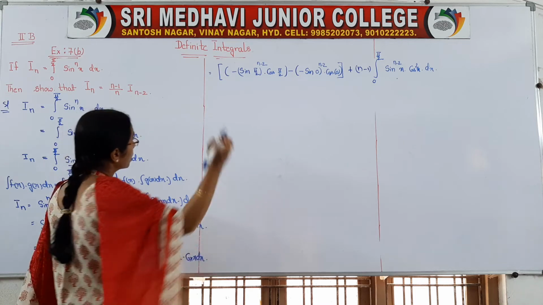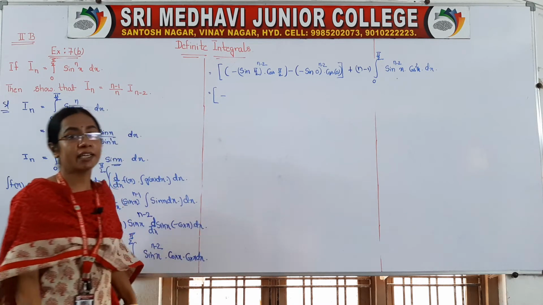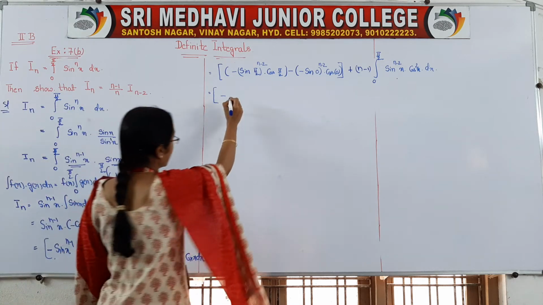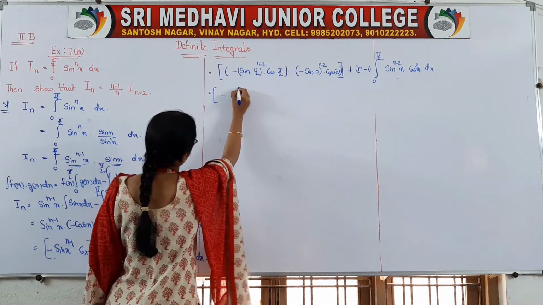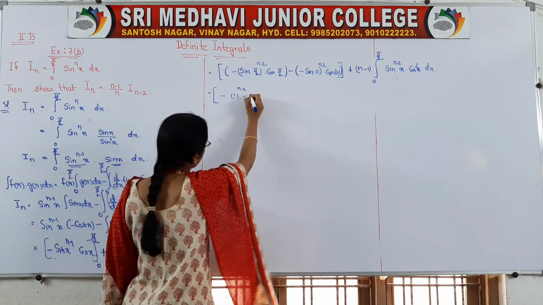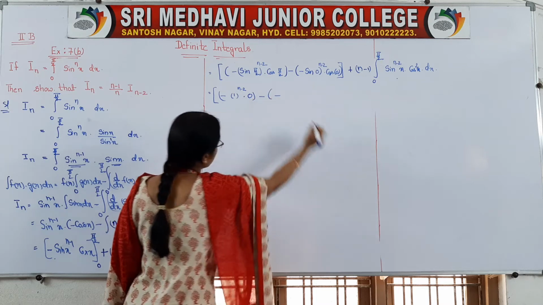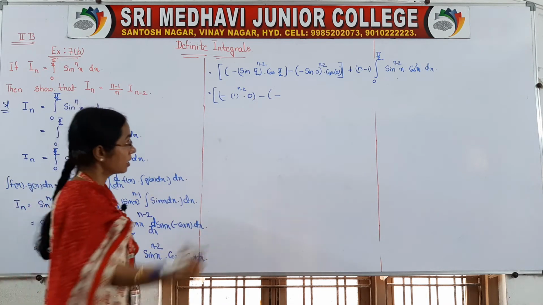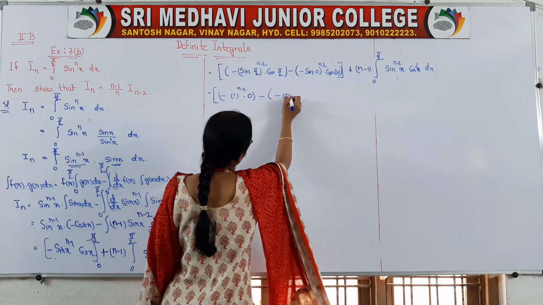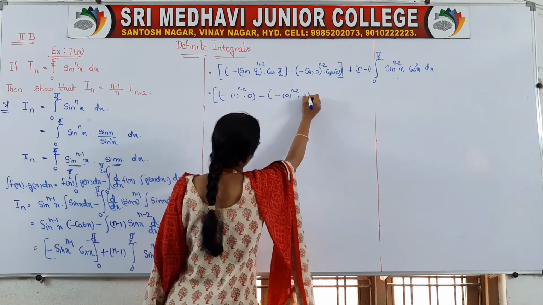Okay, so is equal to, now minus of sin 90 is 1, right, so 1 to the power of n minus 2 into cos 90 is 0, and minus of sin 0 is 0, so 0 to the power of n minus 2 and cos 0 is 1.